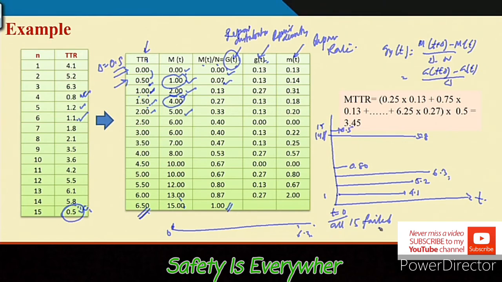So, M(t plus delta) by N, that is G delta by delta.